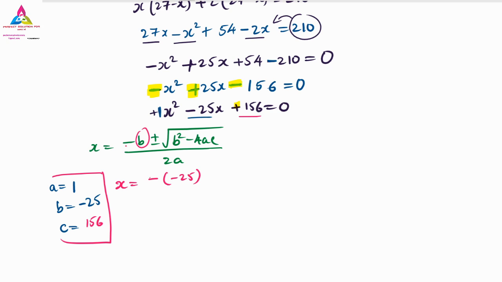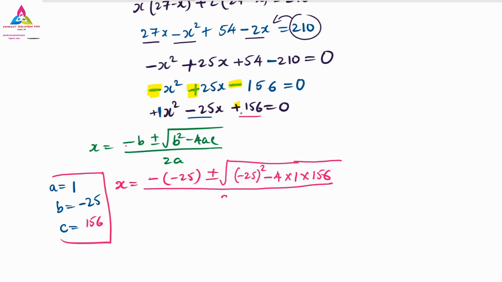Next, plus or minus square root of b square, that is minus 25 the whole square, minus 4 into a value 1 into c value 156, the whole divided by 2 into 1.